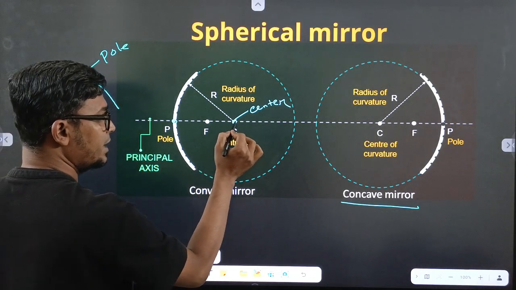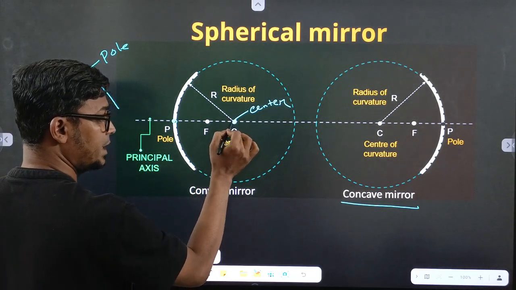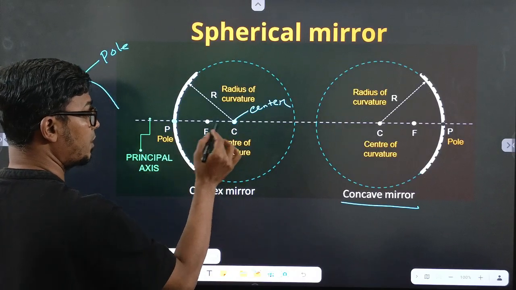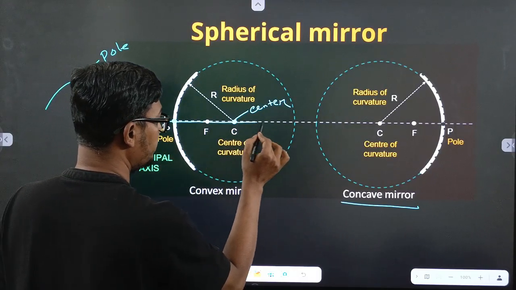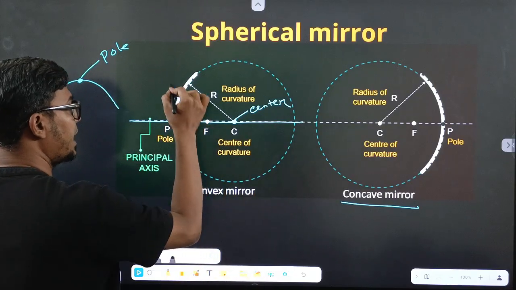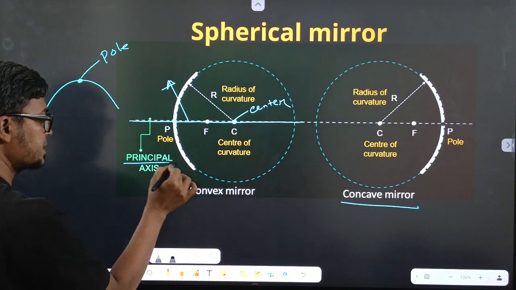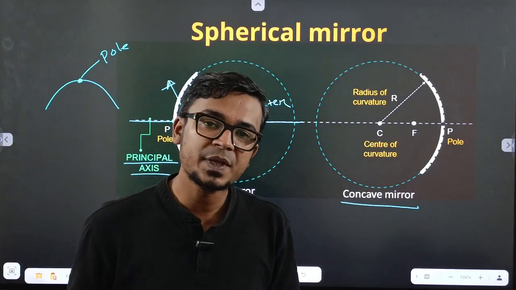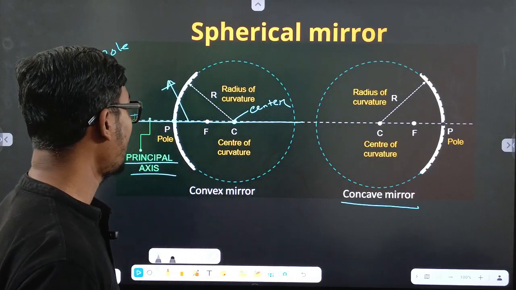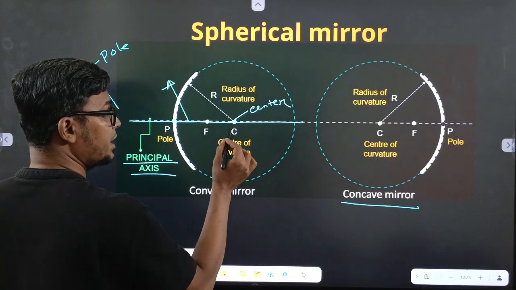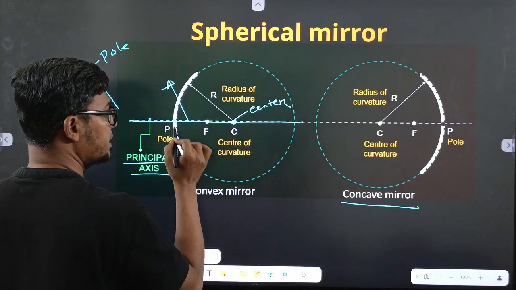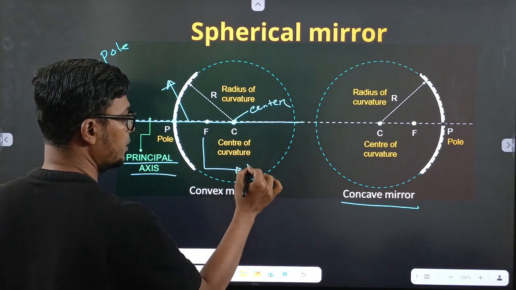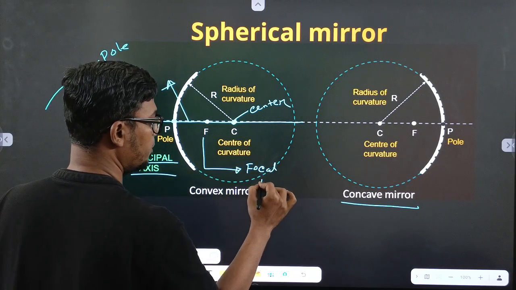Therefore, this point is the center of curvature, and this point is the pole. If you draw a straight line through these two points, this line will be called the principal axis, and the middle point between the center of curvature and the pole is the focal point. This is called the focal point.